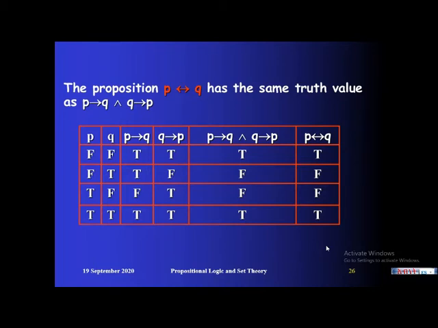As I said before, P bi-implies Q has the same truth value as P implies Q and Q implies P. Look at this: true, false, false, true. And P bi-implies Q means P implies Q and Q implies P: true, true, false, false, false, false, true, true. They are equivalent statements. They are the same.